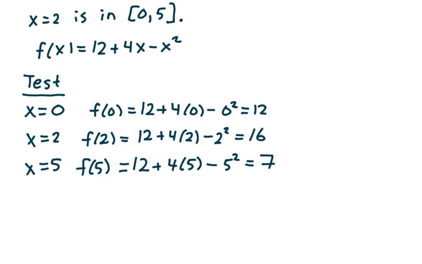So one thing to take notice is that x equals 5 produced the lowest y value and x equals 2 produced the highest y value.